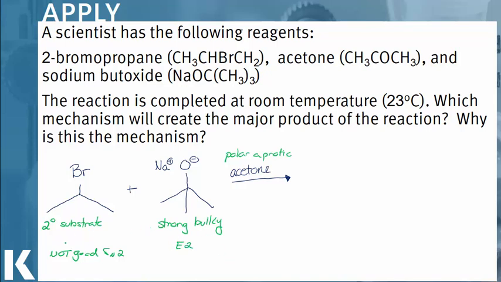So because we have a fairly sterically hindered substrate and our base is both strong and bulky, this would favor an E2 pathway. So we're going to eliminate and form a double bond. So now you should feel more comfortable evaluating the different factors involved in E2 and SN2 and predicting the product of the reaction.